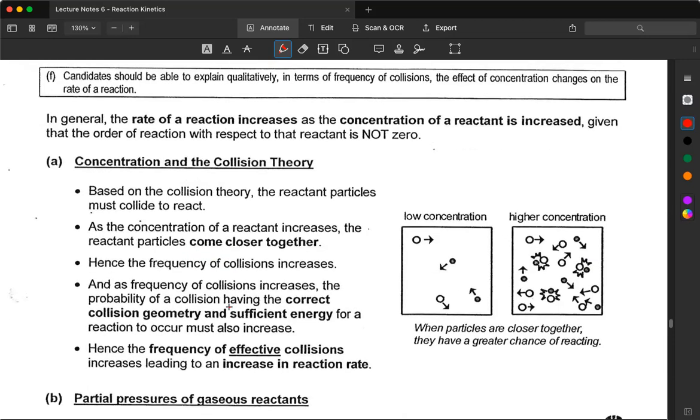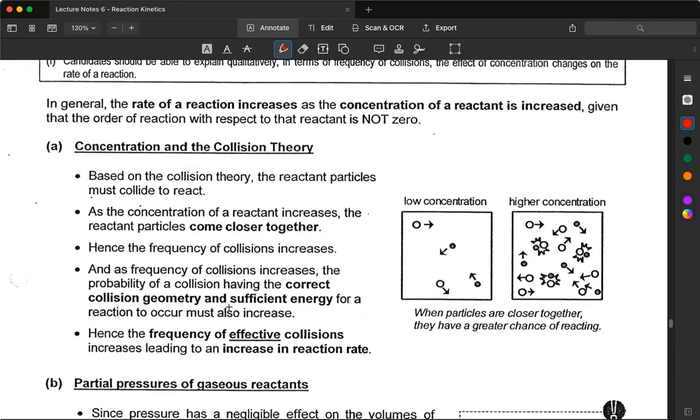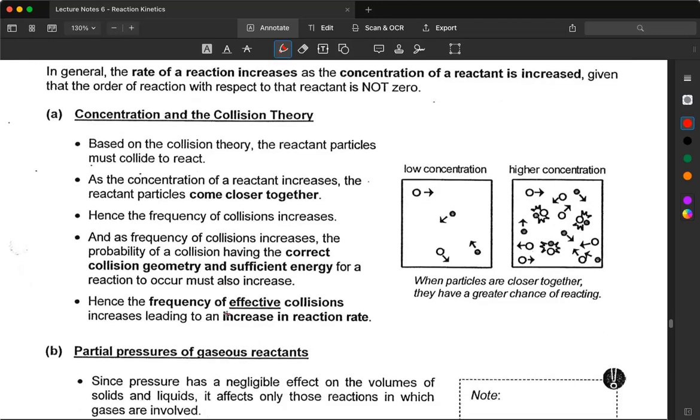And you also need to mention that the probability of collision having the correct collision geometry and sufficient energy will also increase, because as they collide more, there's a higher chance for the molecules to have the correct collision geometry and enough energy. So reaction rate will increase because of the higher frequency of effective collision.